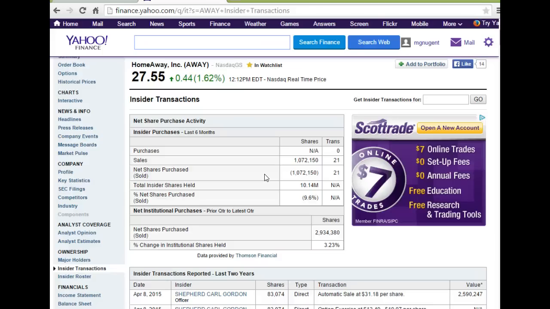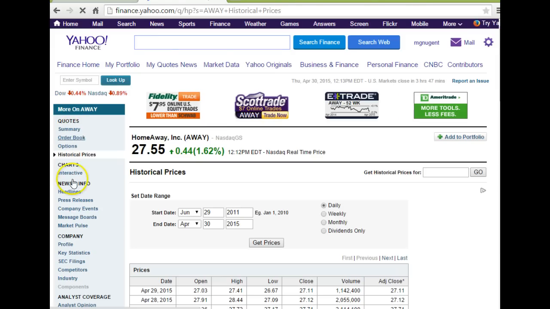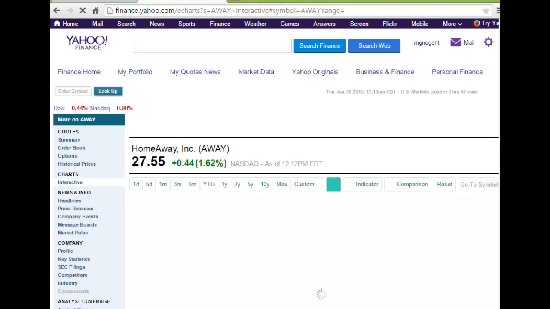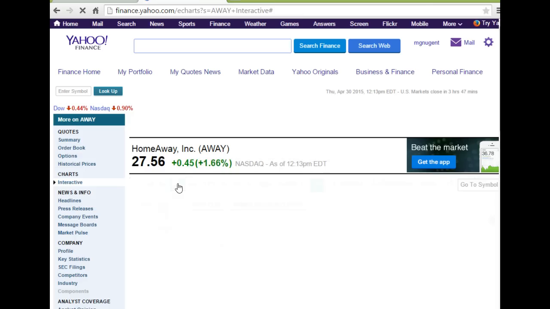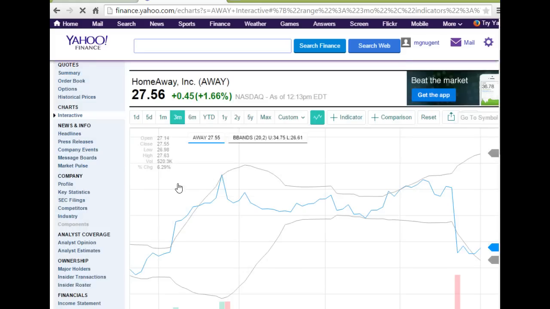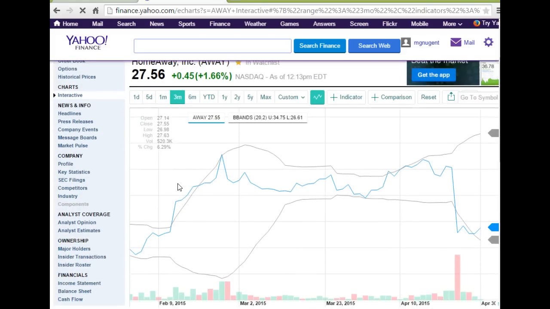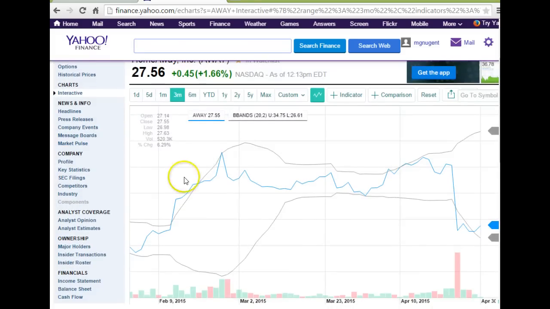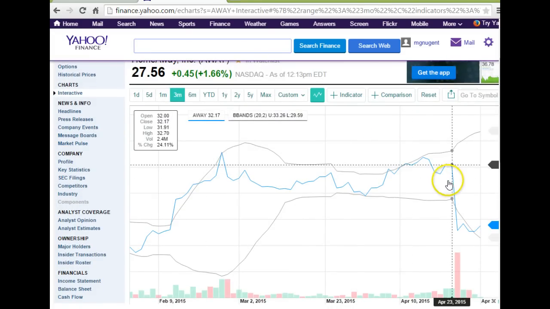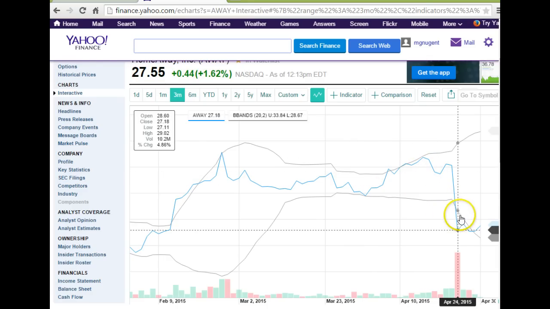And let's see what happened to the stock price. Oh no, I want the chart. Over the last 3 months or so. So we'll do a 3-month. And we see here that this blue line is the stock price, that recently it had a huge fall.